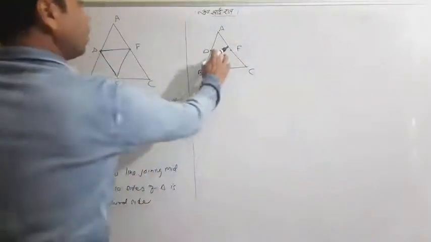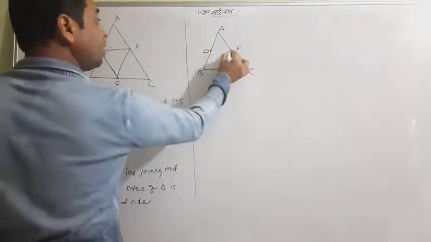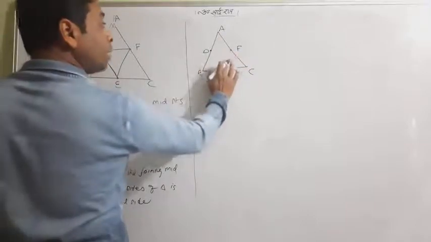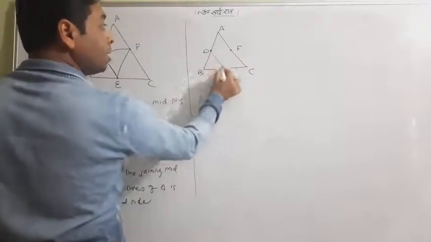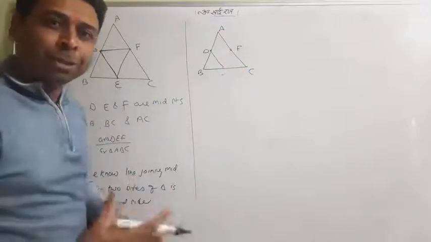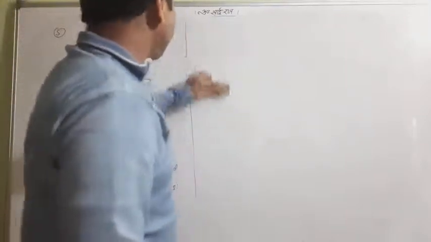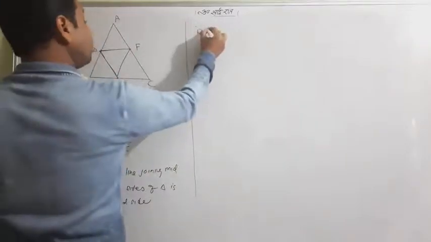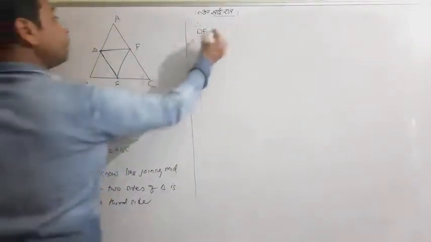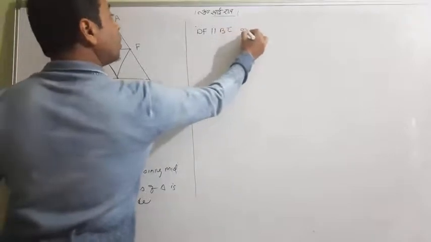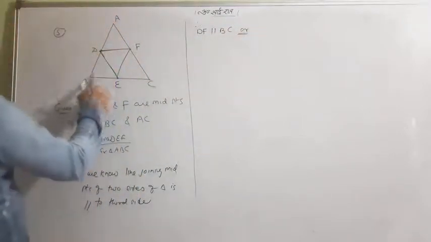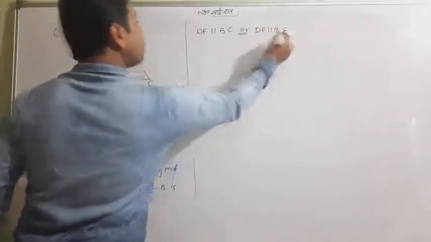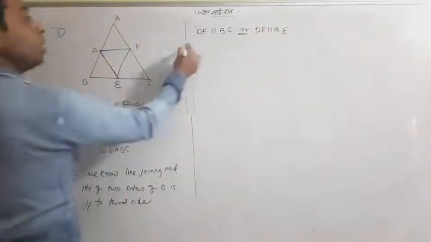And one more thing, when DF is parallel to BC, this FE is parallel to AB. One more thing, this is parallel to this one. So all are parallel actually. So I'll take here especially DF parallel to BC, or DF parallel to BE, because it is part of BC or BE.